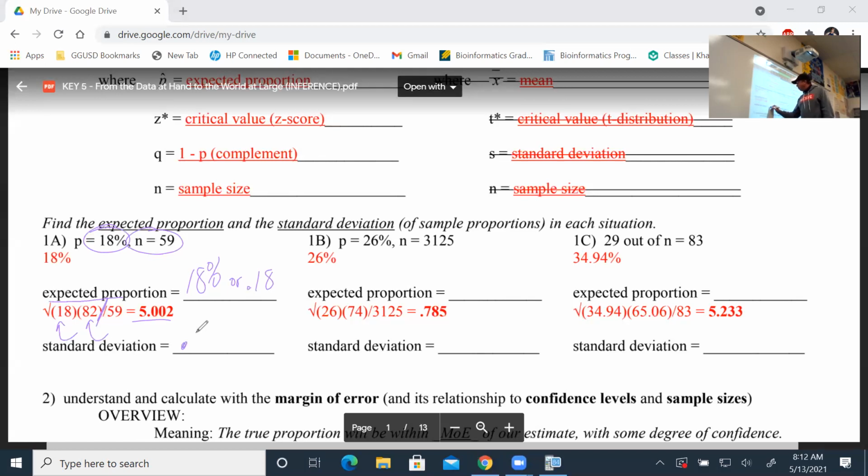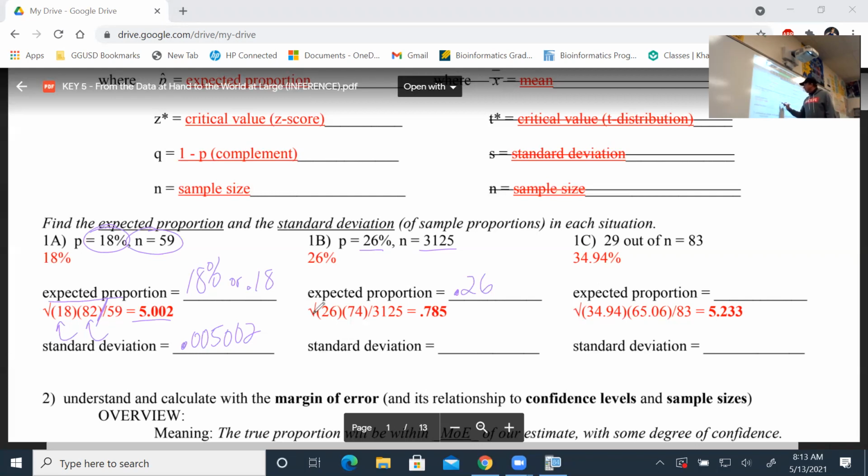0.002, or you might write 0.005, depending on if you want it in decimals or in actual percentages. Either way is fine. Okay, so this is pretty simple. 26% of 3,125, if they sampled 3,125 people and asked them, how many of you prefer strawberry over chocolate or something? And it came out 26%. Then we're thinking about 0.26 of the people around there.